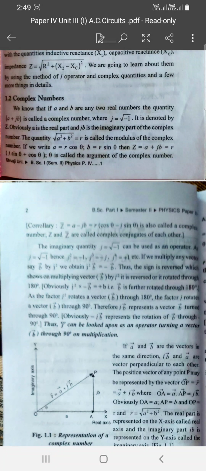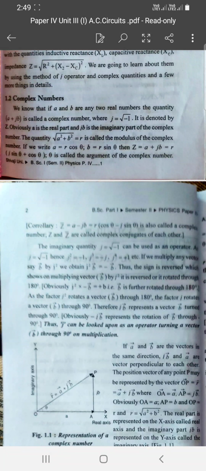If we multiply any vector, say B, by j squared, then j squared B equal to minus B. The sign is reversed, which is shown on multiplying the vector by j squared. It is reversed, or rotated through 180 degrees.